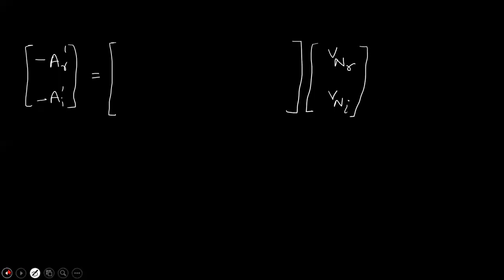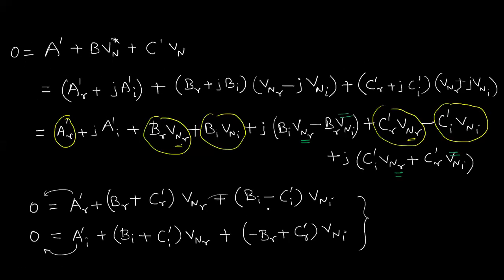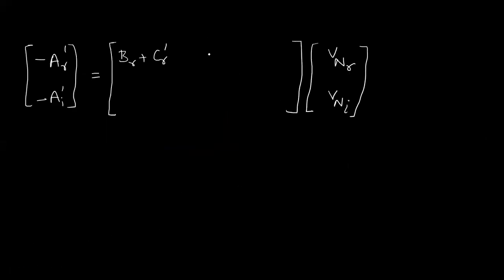So the coefficient of VnR in the first equation is BR plus CR dash. The coefficient of VnI is BI minus CI dash. Similarly, okay, so that is the equation, and the only unknown here is this term.